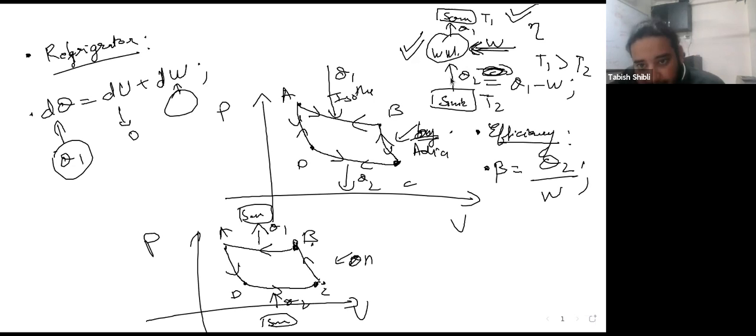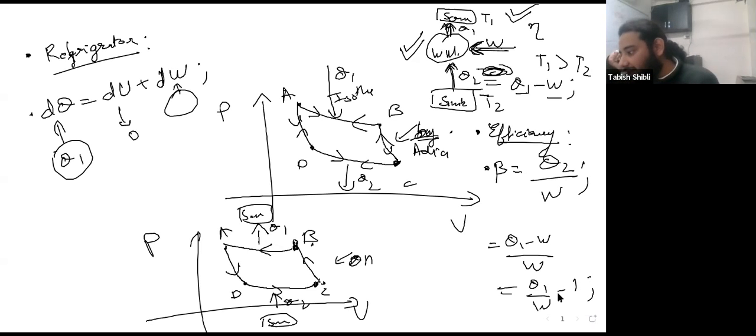So the arrow is the same here and there is an upward arrow. It's literally like adding vectors. This is going up, this arrow is also up. So Q2 has the same sign. This arrow is coming in, so minus sign. So Q2 is equal to Q1 minus W. So Q2 you can put as Q1 minus W divided by W, which is just Q1 by W minus 1.